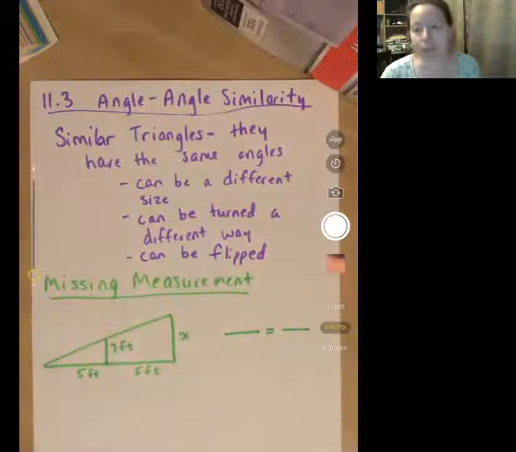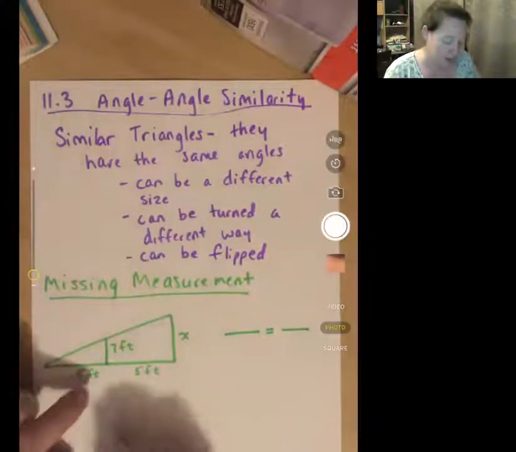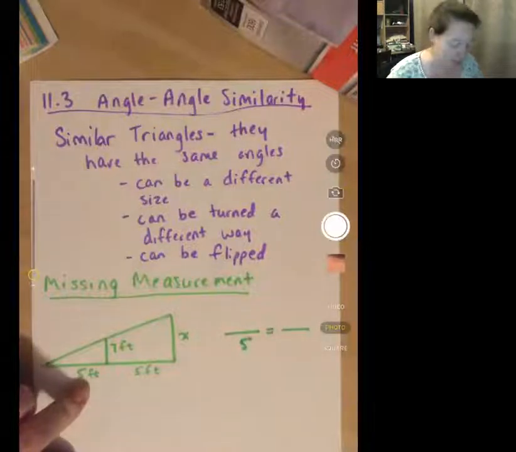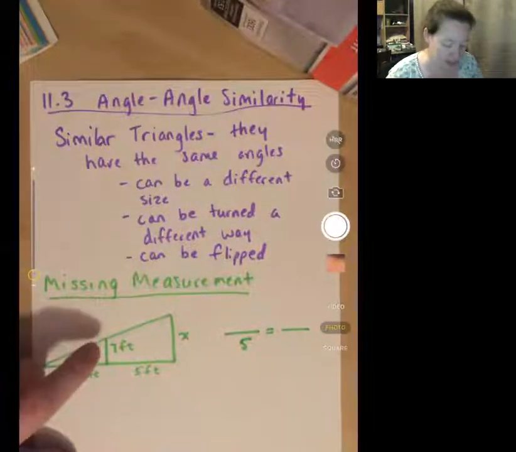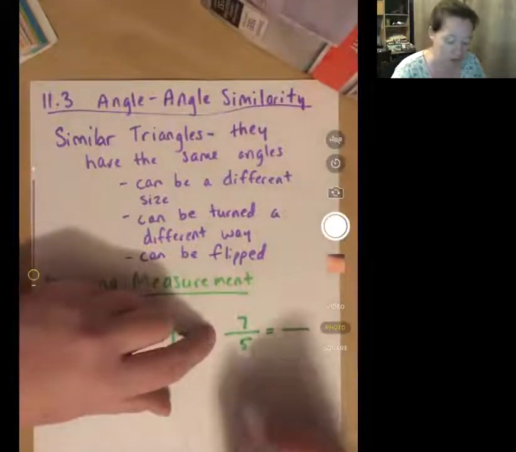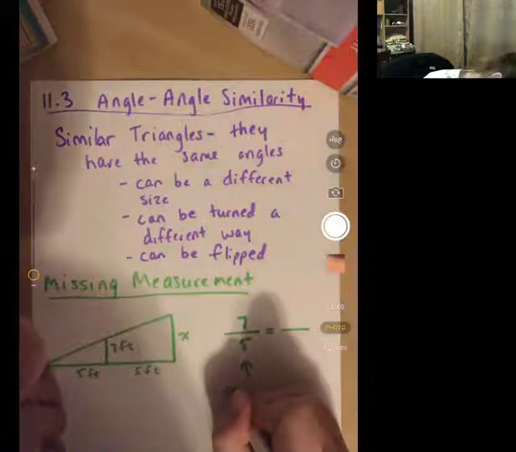I can set up a proportion. Let me just show you this one. The bottom length is a 5 for the small one. The side is a 7. This is just for the small one. So this is one triangle.